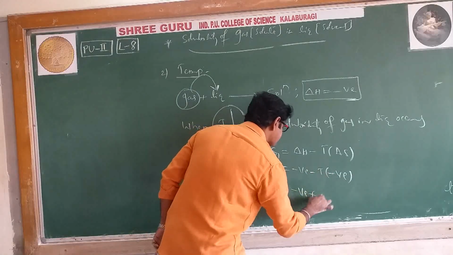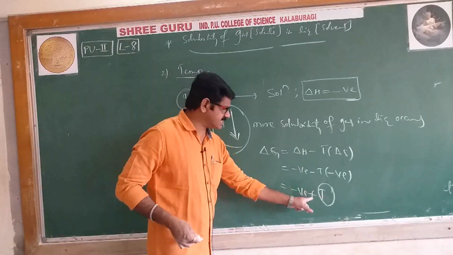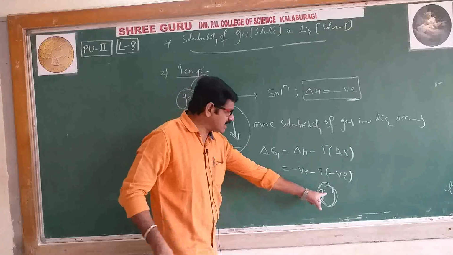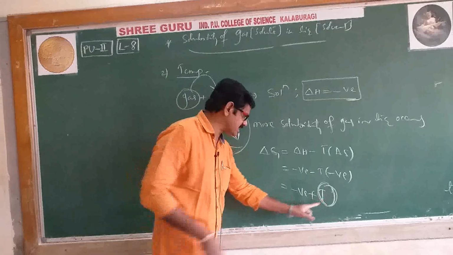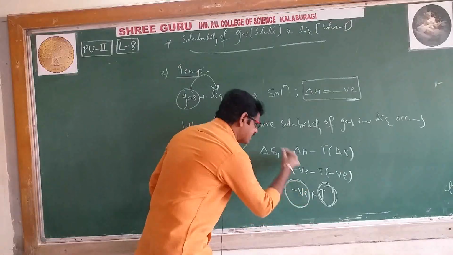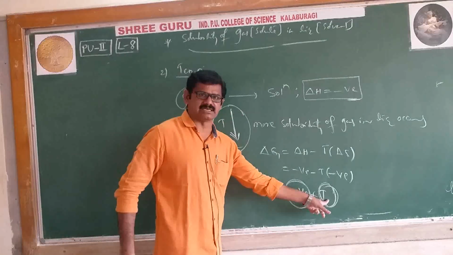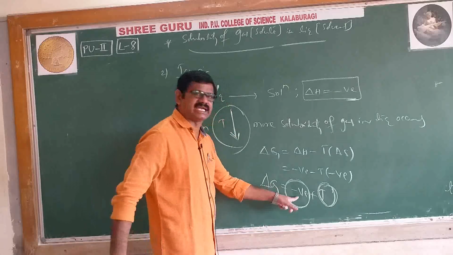Negative minus into minus gives plus, so temperature has a positive sign. That's why if temperature is less, at a low temperature, this term will be dominated. Delta G becomes negative at a low temperature.